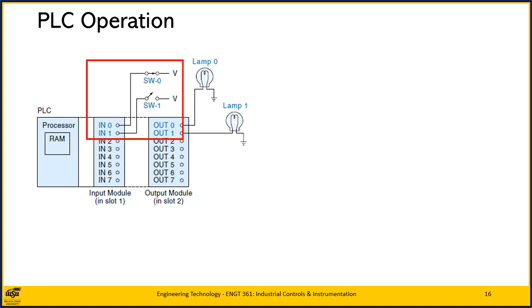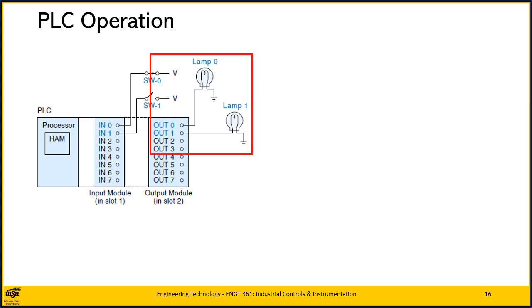Two external switches, SW0 and SW1, are connected to the PLC via terminals IN0 and IN1 of the input module. Two terminals of the output module, OUT0 and OUT1, drive two indicator lamps, lamp 0 and lamp 1.